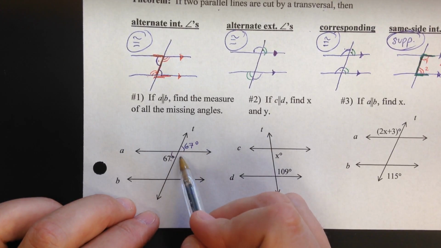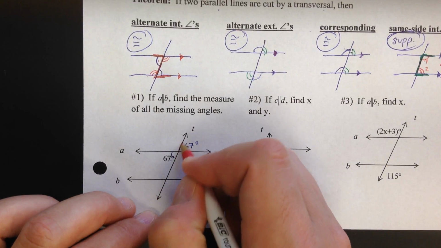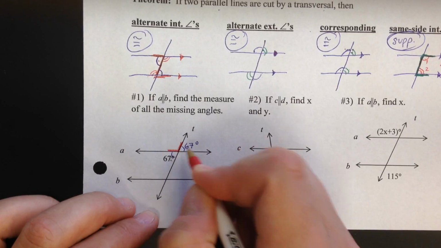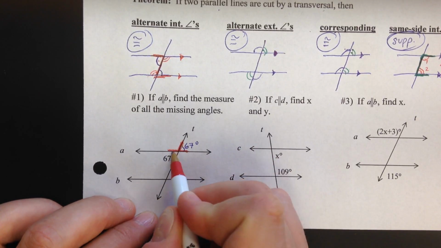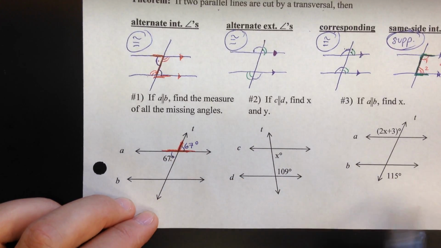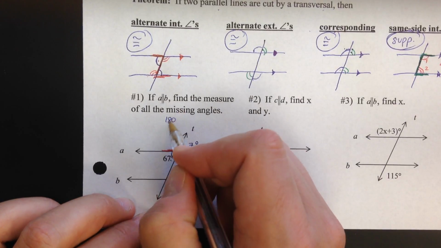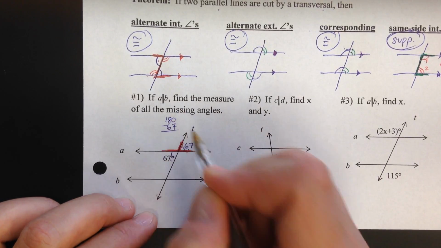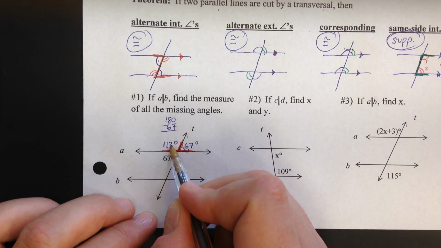Now, if I want the other two angles, what I can do is I can look at, here's this angle here, and then here's the 67. But notice they're adjacent, they're next to each other, and they form that straight line. So they add up to 180. So if I take the 67 and I subtract it, take it out of the 180, what's left over is 113, which will be this angle measure.